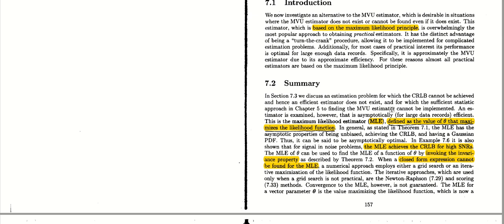You just pull in the data and do the closed form calculation, and you get the outcome, which is the estimated value for theta. That would be cool, right? That would be good. And the thing is, a lot of things cannot be in closed form. Then you need to do a numerical approach.